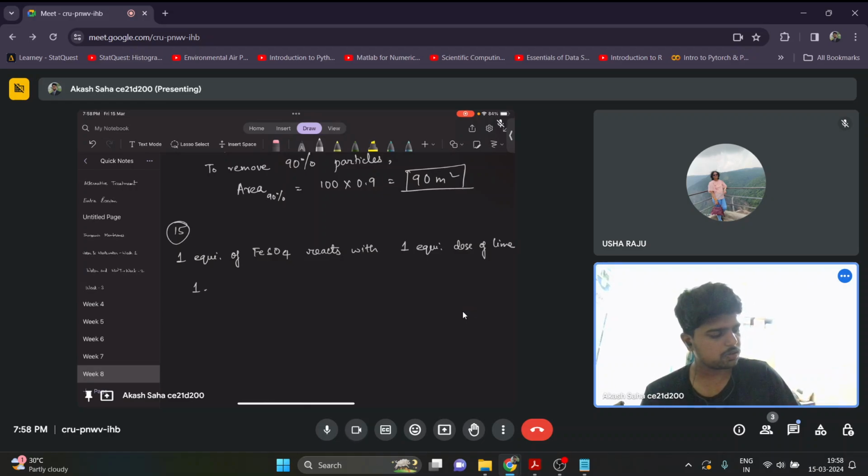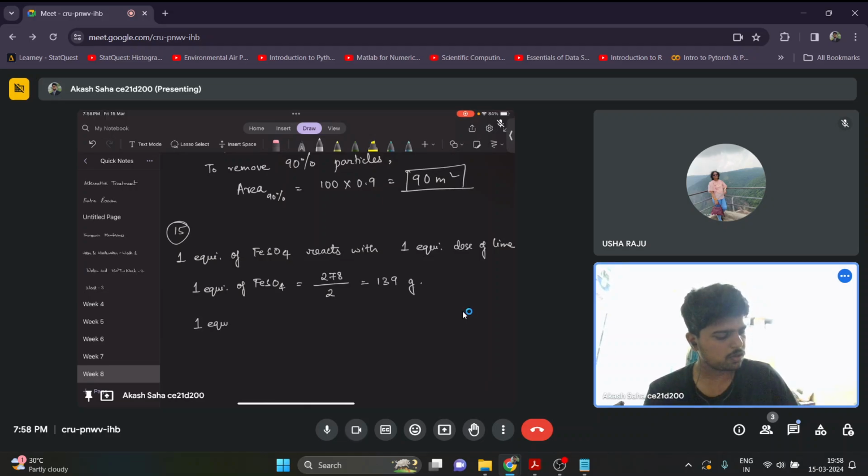So what is one equivalent of FeSO4? The total molecular weight of FeSO4 is 278. Divide by 2, the combining capacity is 2. So it is 139 grams.